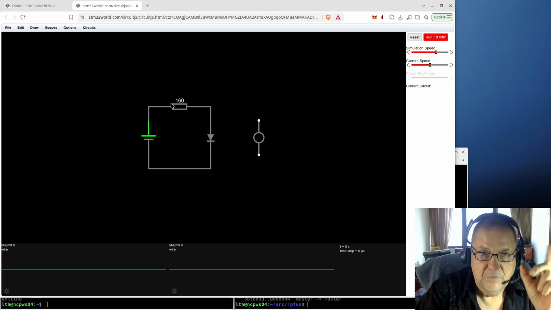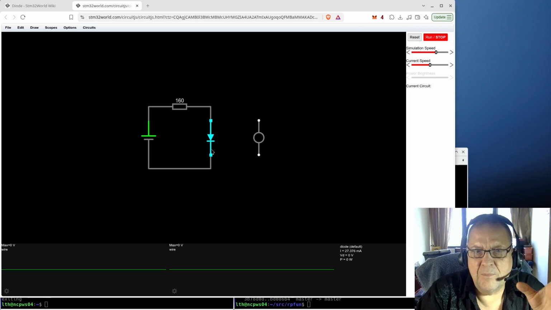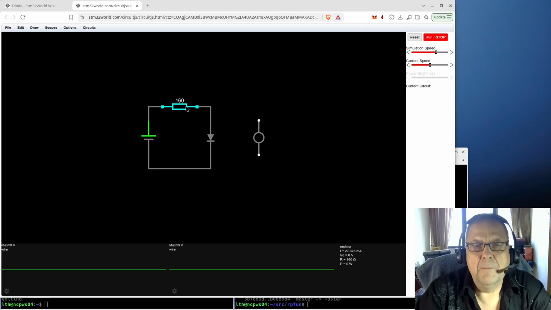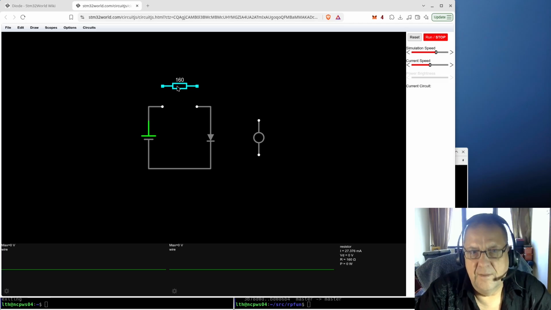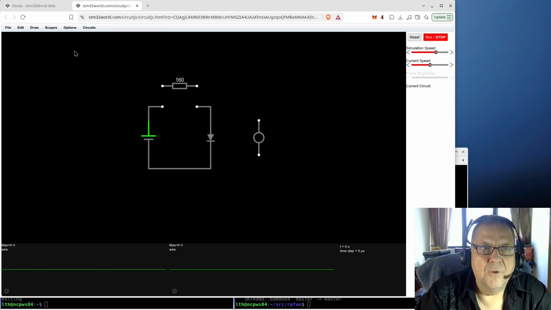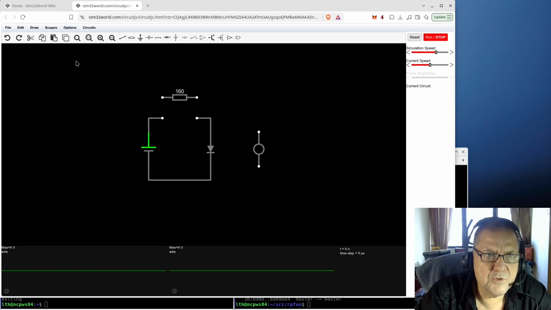And then the resistor will actually control how much current is running through it. Because one of the things that is important to realize is that the voltage drop over a diode will be fixed.